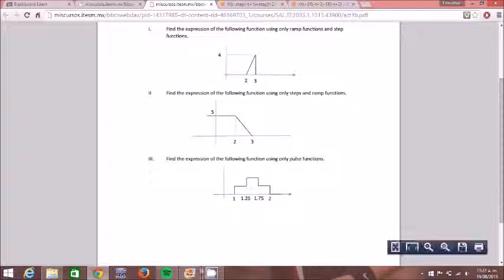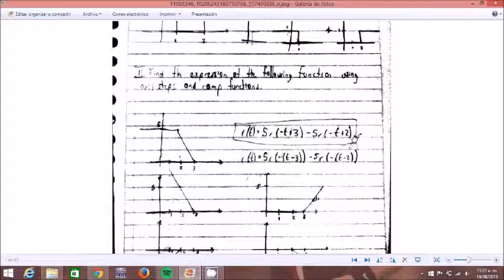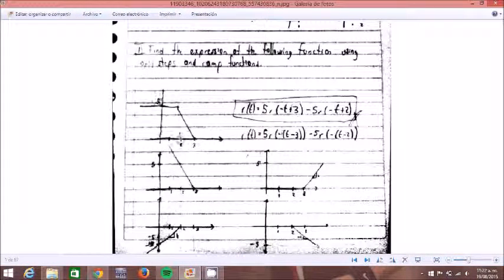Okay. So we go through our notes and we can check this is the graphic and this is our final result. And let me explain why we got there. This is the function that we took: 5r(-t+3) minus 5r(-t+2).